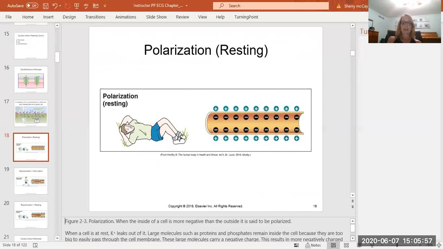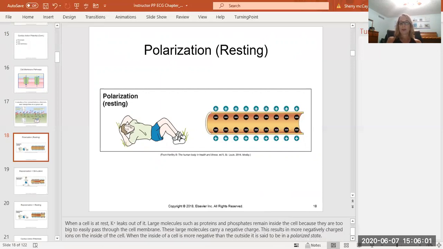So these large molecules carry a negative charge. This results in more negative charged ions on the inside of the cell. When the inside of the cell is more negative than the outside, it is said to be a polarized state. So let me say that again. When the inside of a cell is more negative than the outside, it is said to be a polarized state.